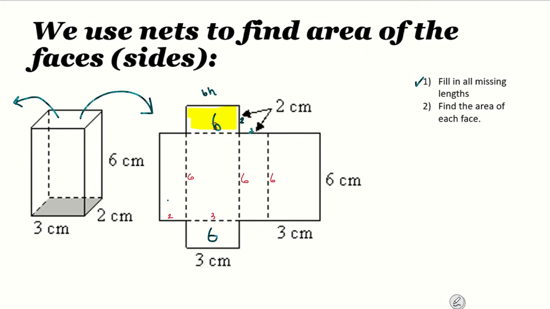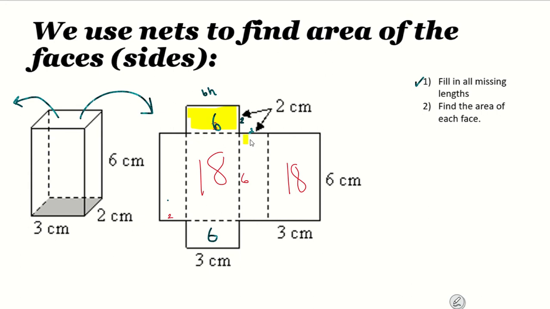All right, let's find this area right here. So this would be base times height. 3 times 6 is 18. So there we go. We have that one. Its opposing side would be right here, or its matching side right here. That would be 18 as well. Okay, what else do we need?